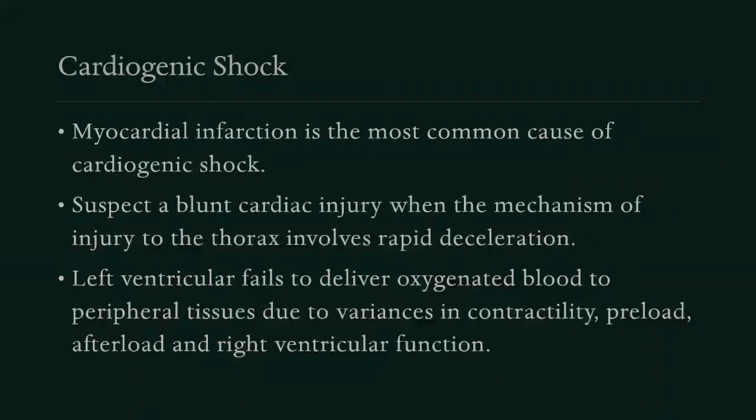So suspect a blunt cardiac injury when the mechanism of injury to the thorax involves a rapid deceleration. And that's part of the mechanism of a motor vehicle accident. So a lot of the times, when you guys tell us about the mechanism of the car accident, like, oh, this is what happened, or the car was flipped that way, or the miles, all these little details that you provide us are very, very important because it draws the picture in our head, and with that picture we can tell how bad the accident was.